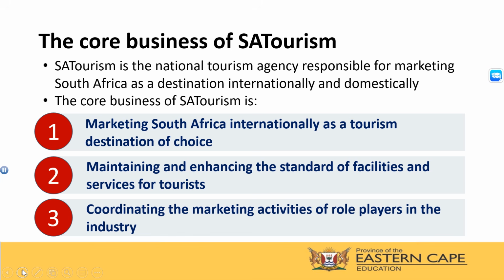Thirdly, coordinating the marketing activities of role players in the industry. Just take a second or two to read through those three statements that are given there. Those are referred to as the core business of SATourism. And as we go through the rest of this lesson, we will be unpacking each one individually.